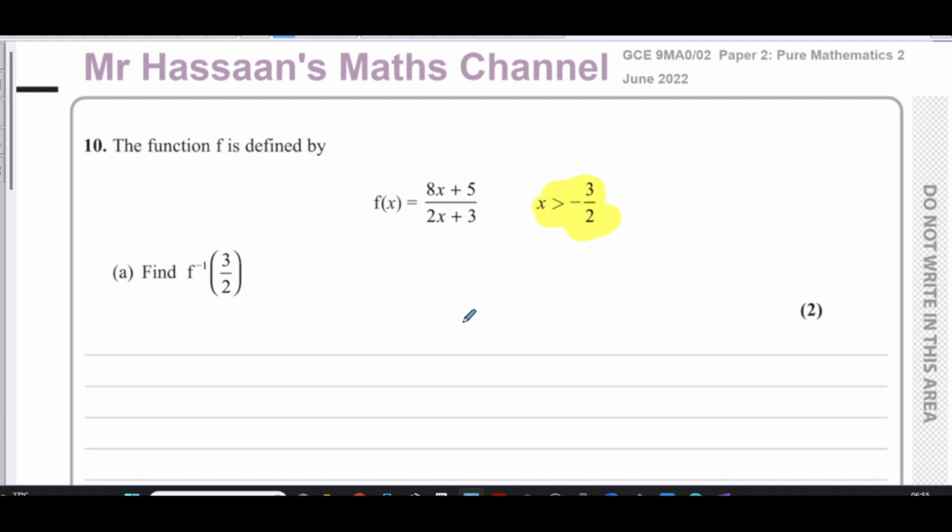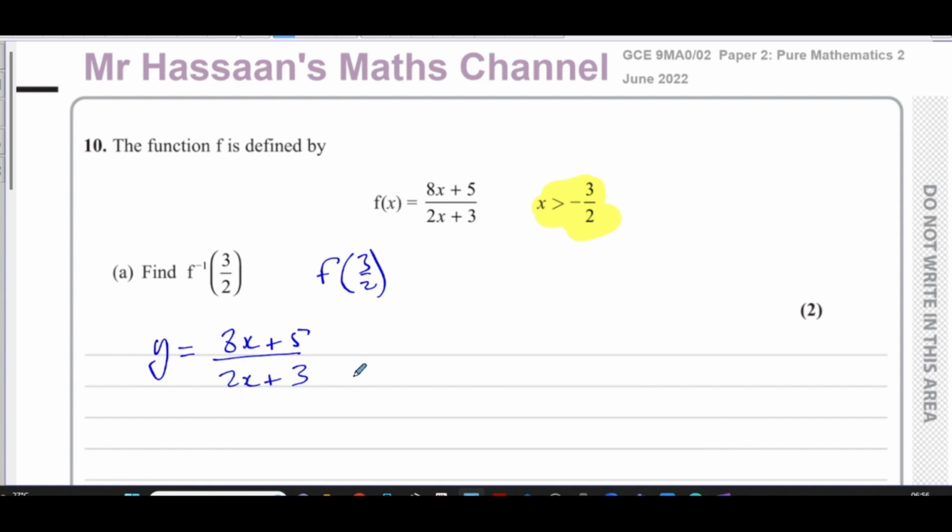If you're asked to find f(3/2), you would replace the x with 3/2. Now this function can be rewritten as y equals 8x plus 5 over 2x plus 3.